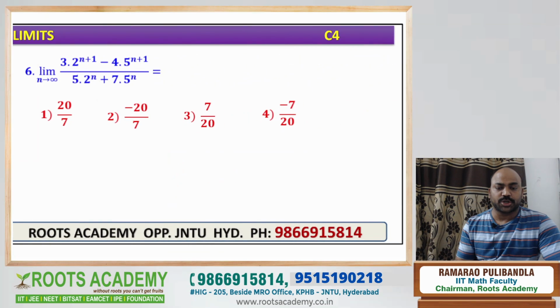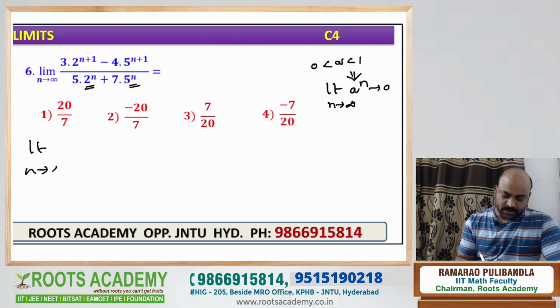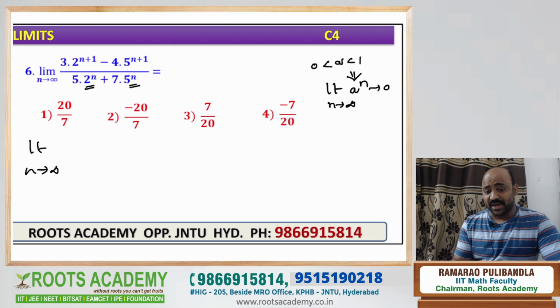Now, sixth question. I said whenever you have 0 less than a less than 1, a power n will tend to 0, limit n tends to infinity. That's what we learned. Now make it the same power here, power n, power n. In the numerator also you make the same power.